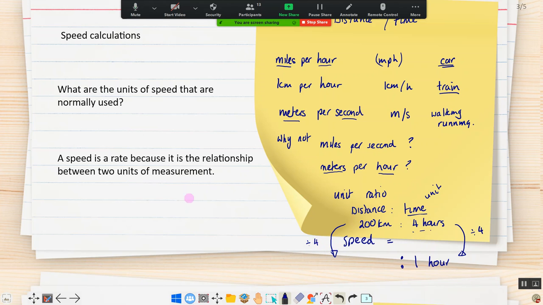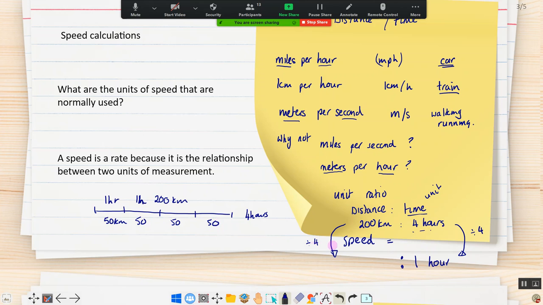Because remember, I drew a diagram before where I said if this was 200 kilometers and I split it into 4 sections, that would be 4 hours in total. So each one would be 1 hour. So if I split 200 into 4 sections, each section is going to be 50 kilometers, yeah?